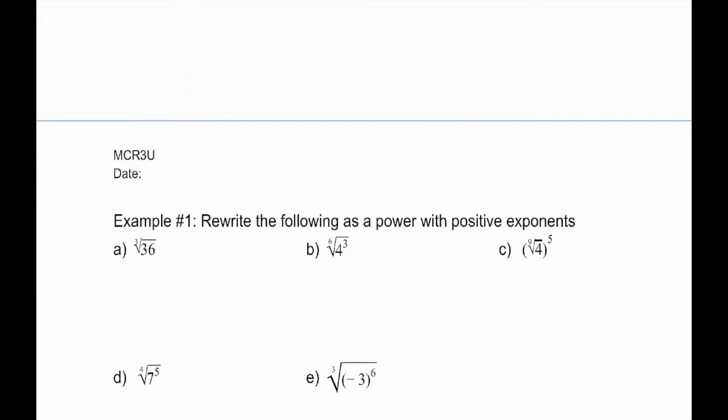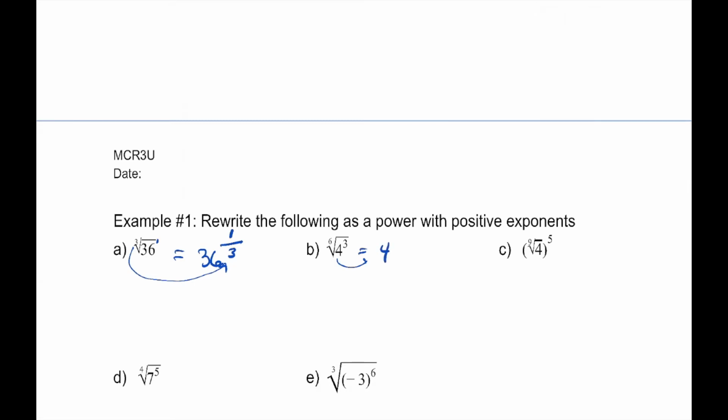So the cube root of 36, this is really the same thing as 36. Remember, the denominator is going to be 3. And there's an implied exponent 1 on the 36, so this is going to be 36 to the power of 1/3. Likewise, in this example, the radicand, 4, is going to be my base.